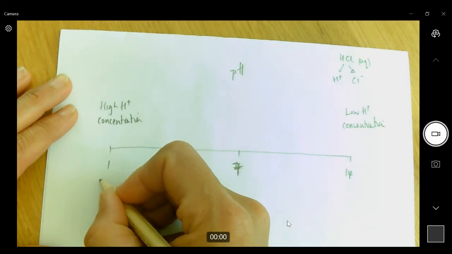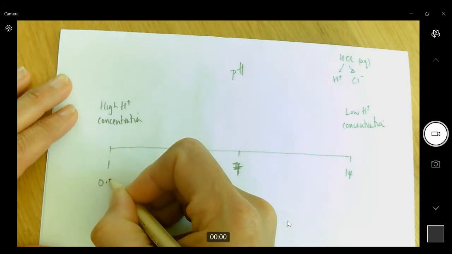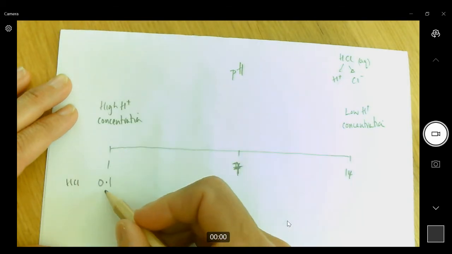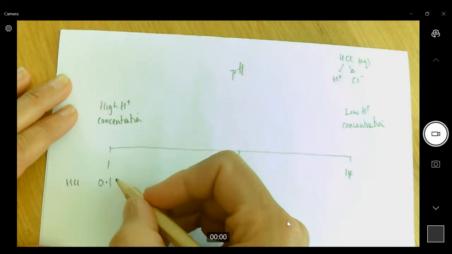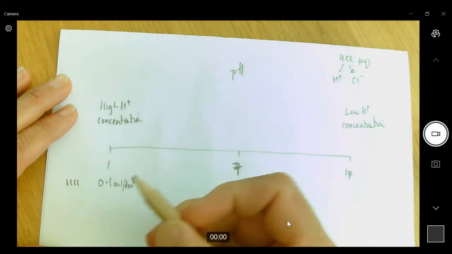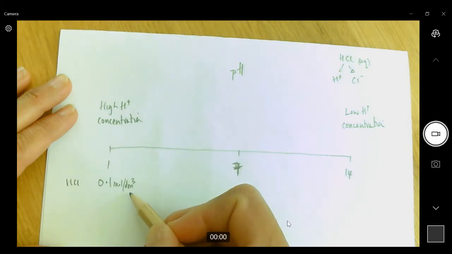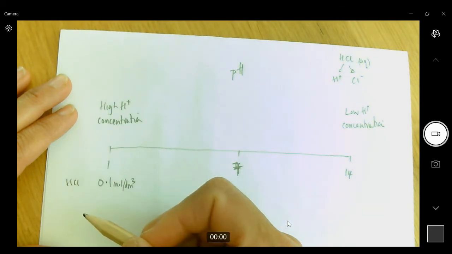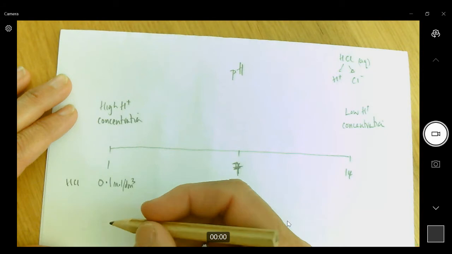Now, we imagine here that we've got hydrochloric acid at a concentration of 0.1 moles per decimeter cubed. This means that in 1 decimeter cubed of water, we have 0.1 moles of hydrogen chloride dissolved in it.